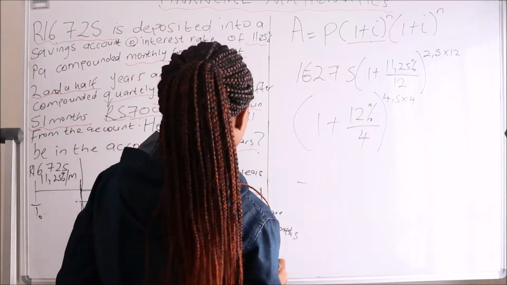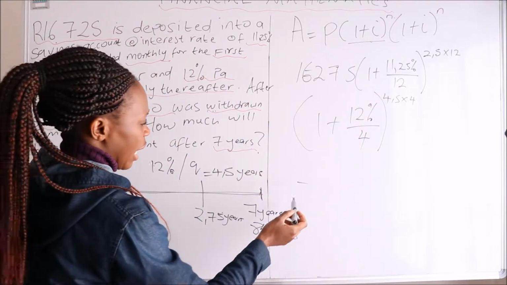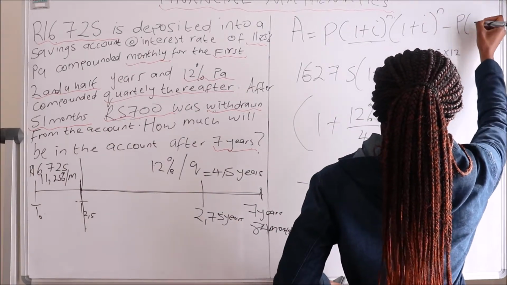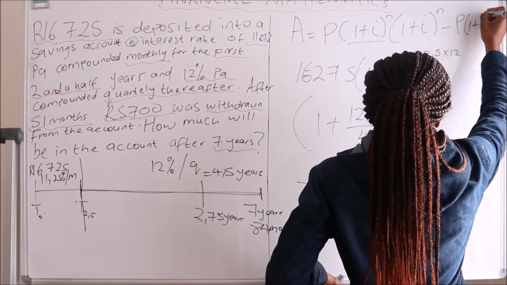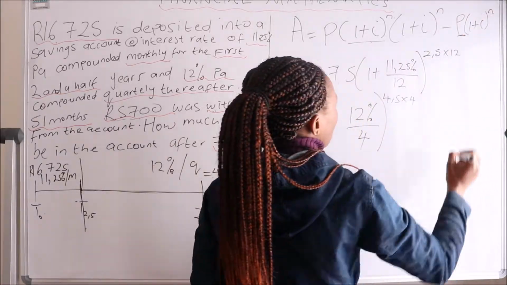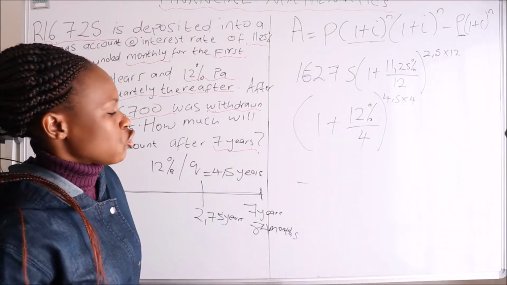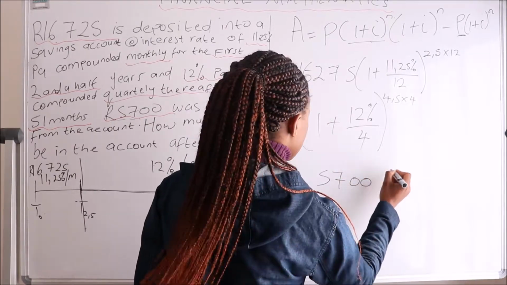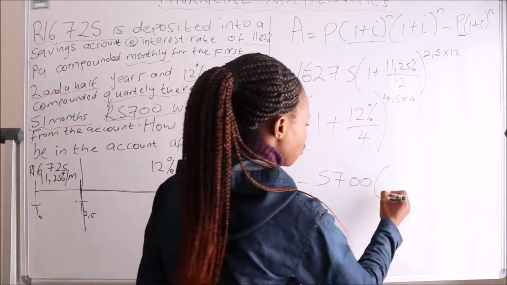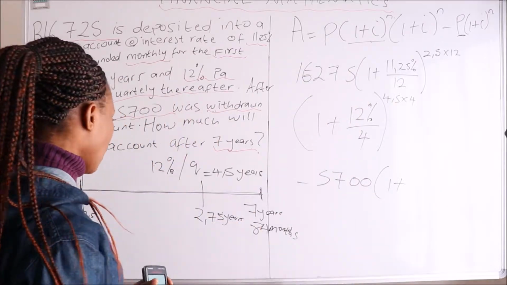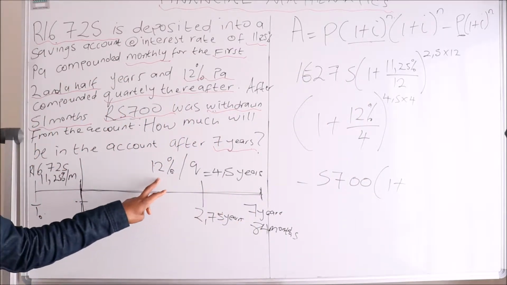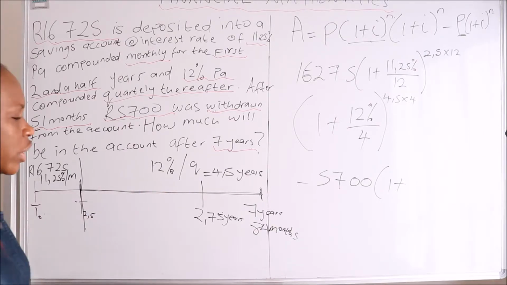Alright, then again we have a withdrawal. That means I have to subtract, and in my equation, I will subtract 1 plus i to the exponent of n, where our P in that case stands for the withdrawal. The withdrawal which was made is 5,700, and the interest rate is still the same because the withdrawal happened within the 4.5 years when we are dealing with 12% compounded quarterly.